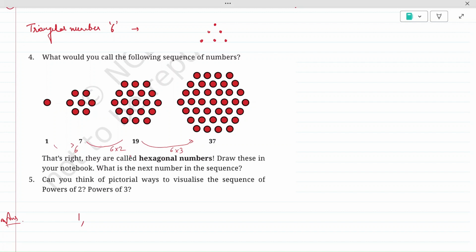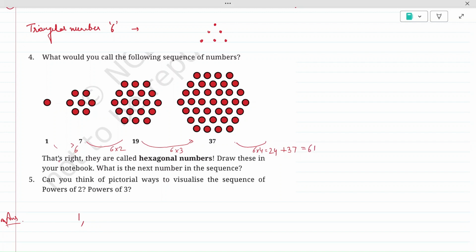So 6 into 2, 6 into 3. Now the next number will be 6 into 4, which is 24. So we have to add 24 to this number to get the next number, right? Which is 24 plus 37, equal to 61.